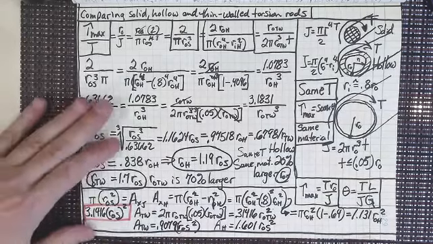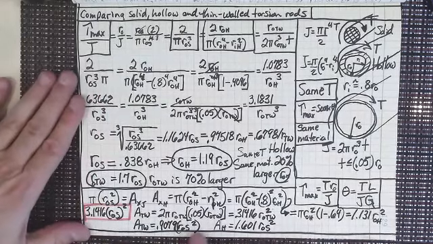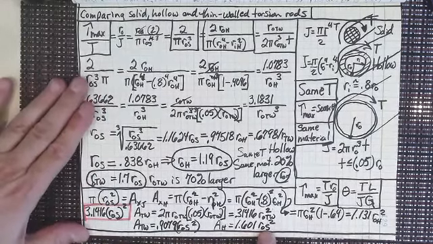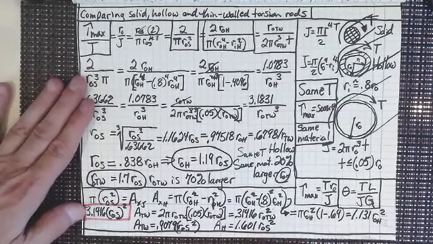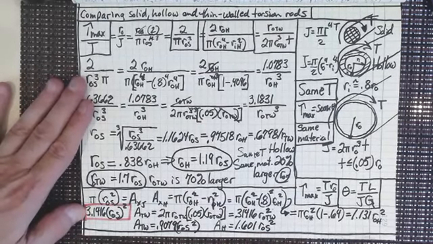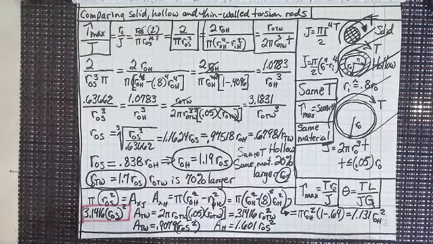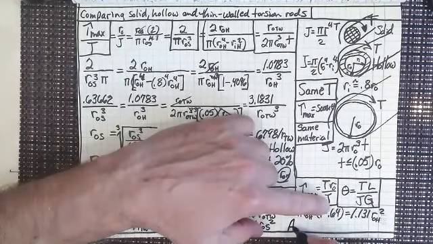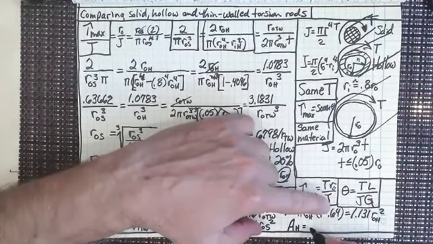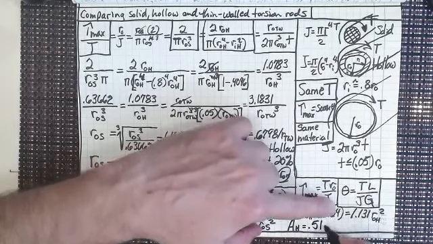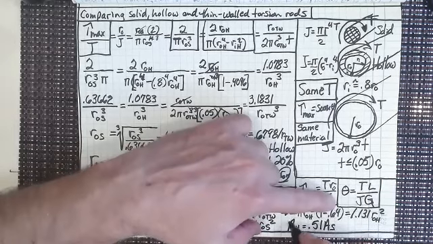And so if we look at these cross-sectional areas as compared to one another, let's do 1.601, excuse me, 1.601 divided by 3.14159 is 0.51. So the area of the hollow equals 0.51 the area of the solid shaft.